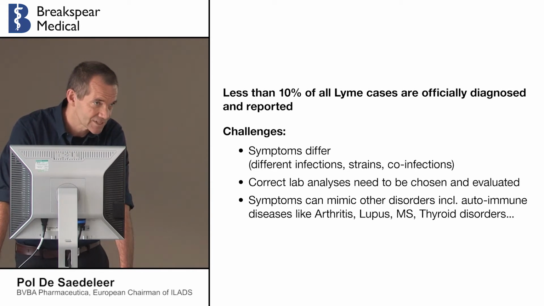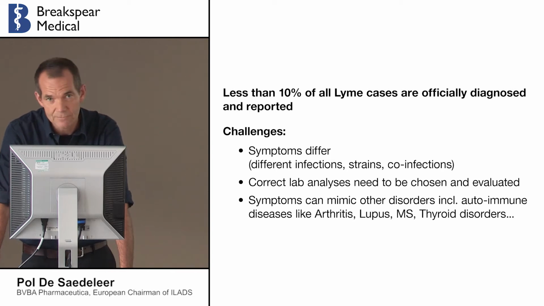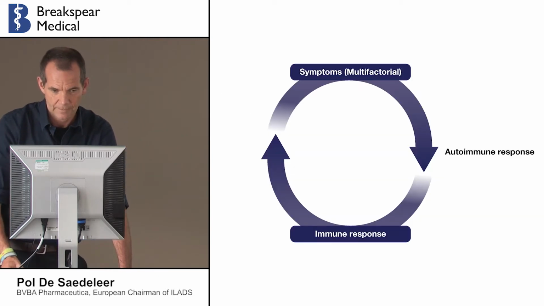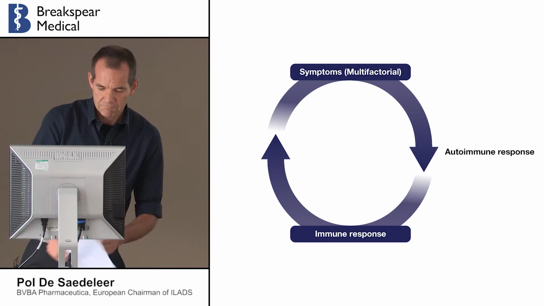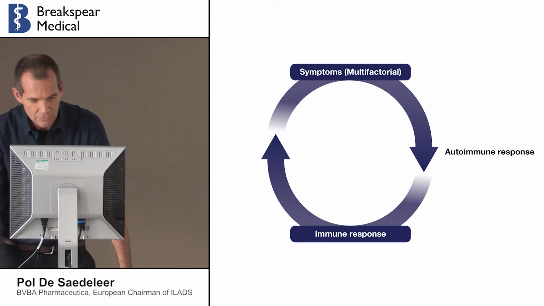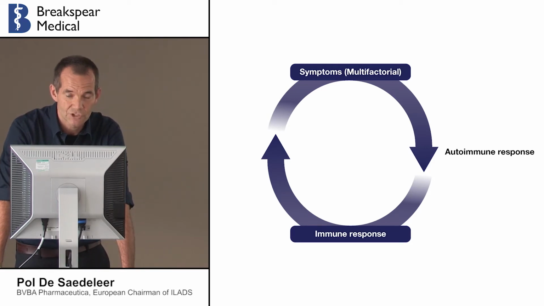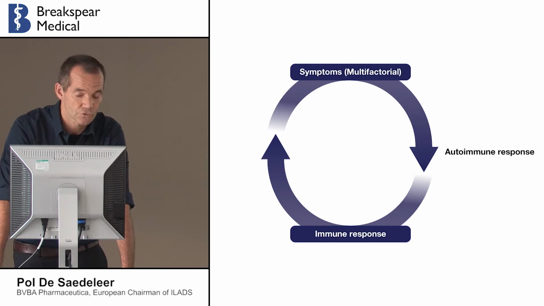And the symptoms we see in multi-infectious disease often mimic the symptoms we see in other disorders or in autoimmune disorders. So, we develop an immune response, and this same immune response sometimes targets our own tissues, turning into autoimmunity.